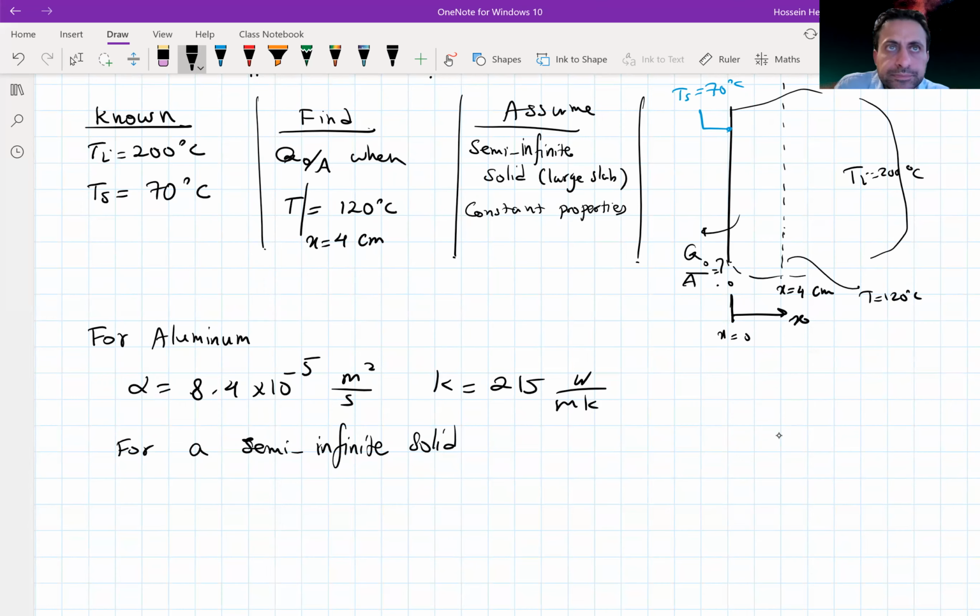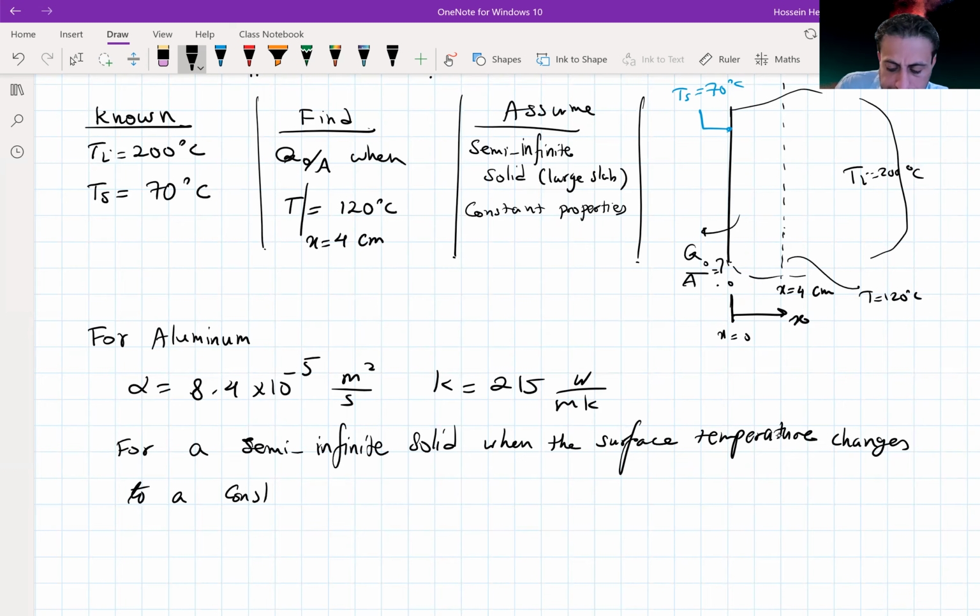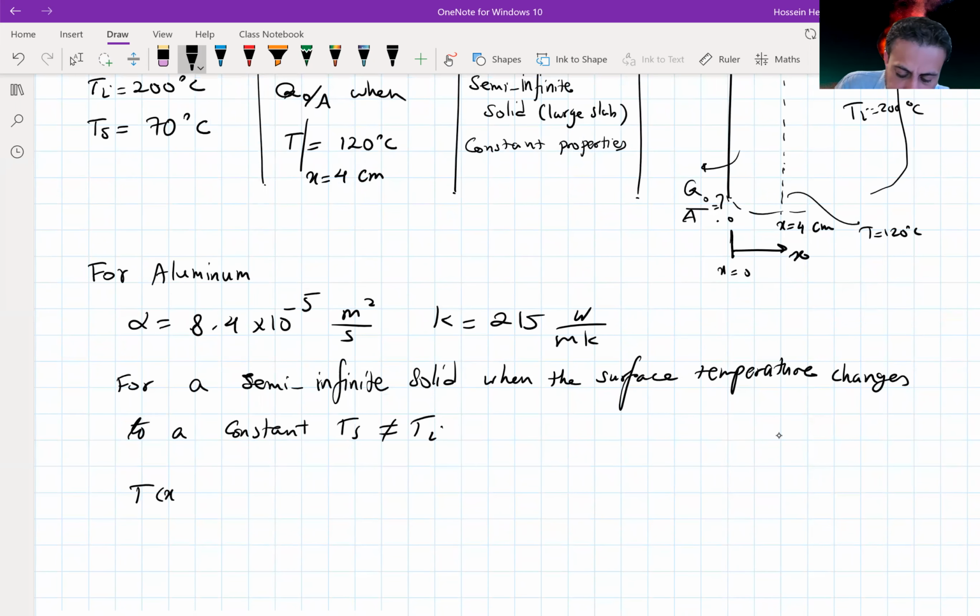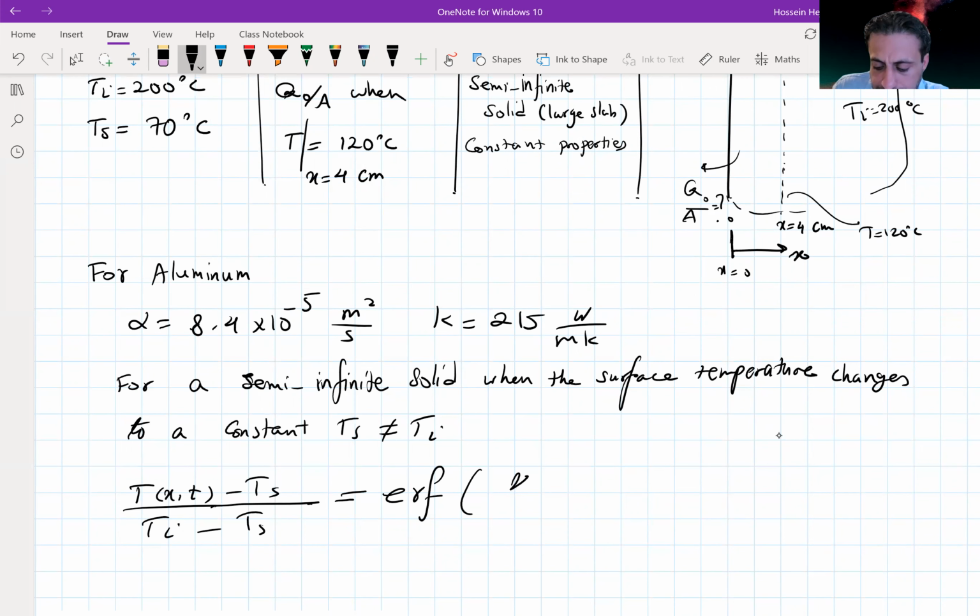Now for a semi-infinite solid where the surface temperature changes to a constant Ts, which is different than Ti, we know the solution: the temperature at any x and t, (T minus Ts) over (Ti minus Ts), is in the form of the error function of x over 2 square root of alpha t.